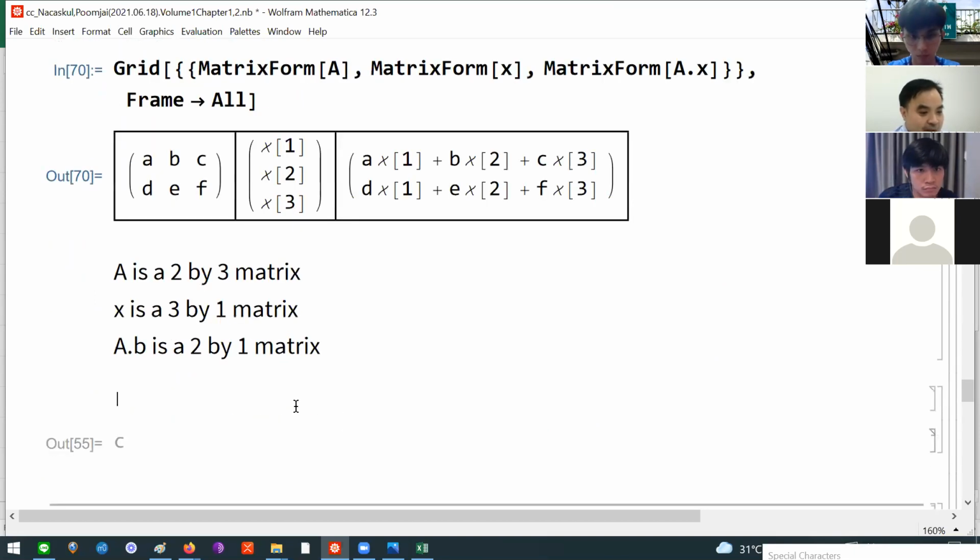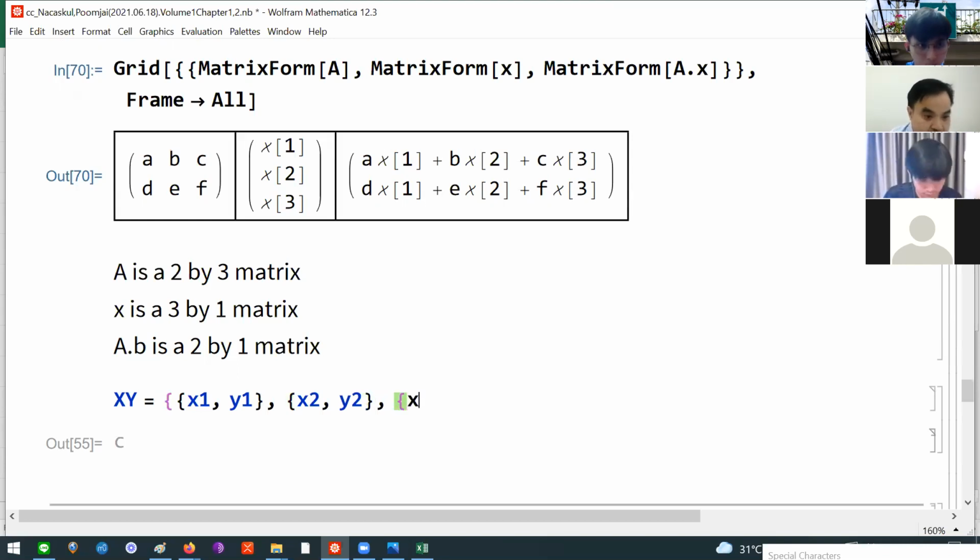Let's just say I have an XY array, which is equal to, I'm just going to make this up: X1, Y1, X2, Y2, X3, Y3.